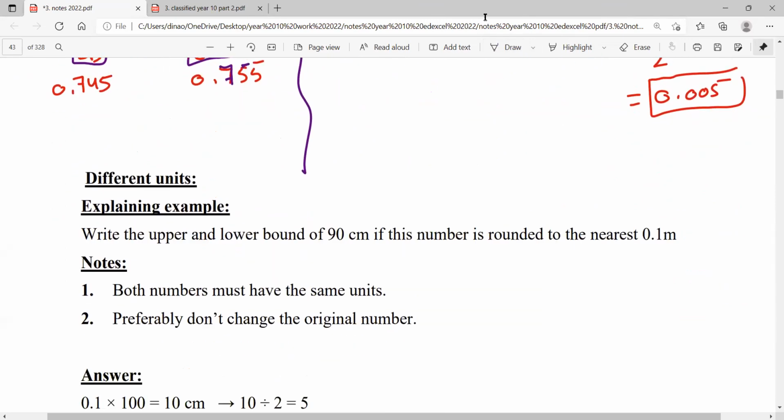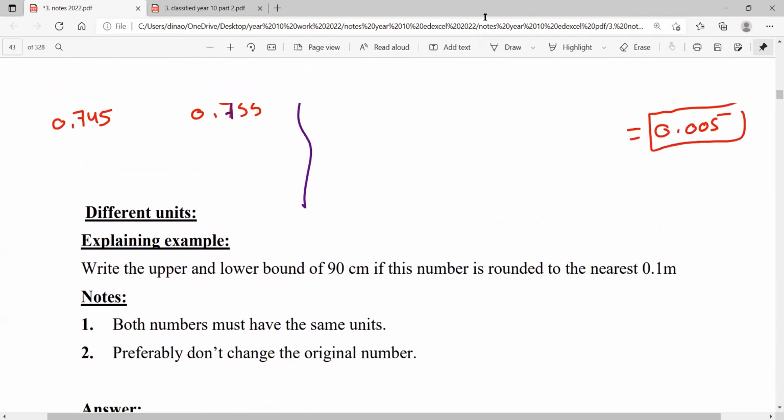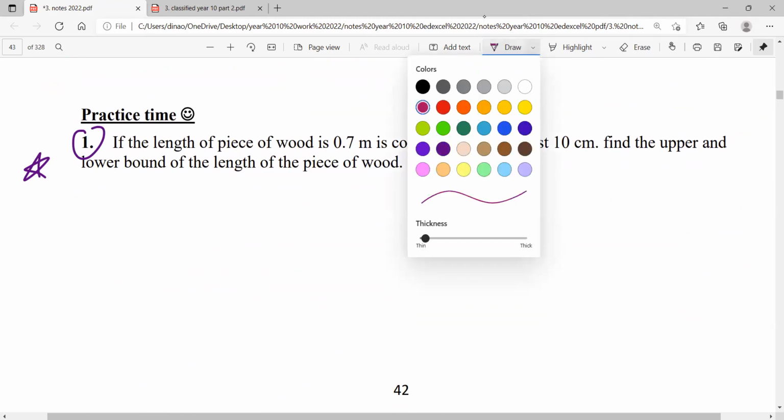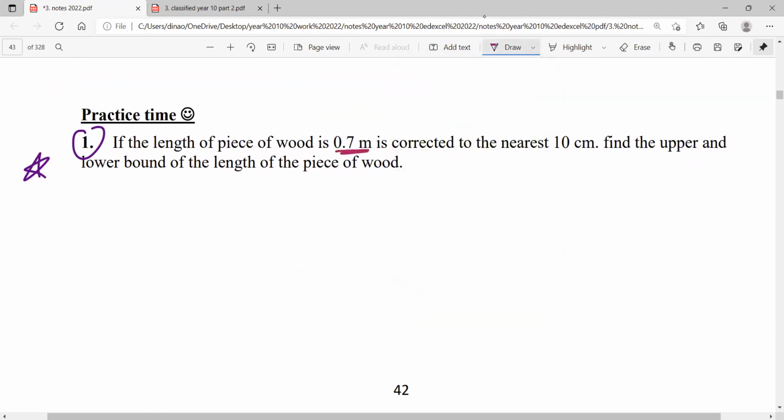تعالوا كده هنا نشوف. طبعا دي بس نوت كده احنا بنقولها انه قبل ما نجيب الباوندز لازم نتاكد ان هي same unit. Let's check this question over here. طبعا whenever you're required to find bounds of any question, just make sure that they are the same unit. فهنا مثلا for example بيقول لي if the length of a piece of wood is 0.7 meters corrected to the nearest 10 centimeter.